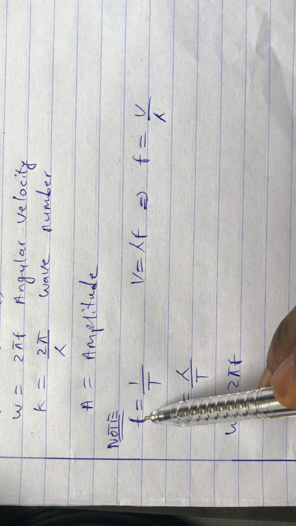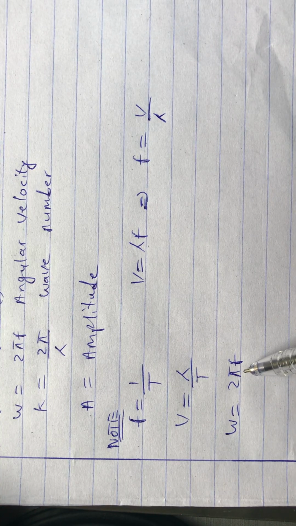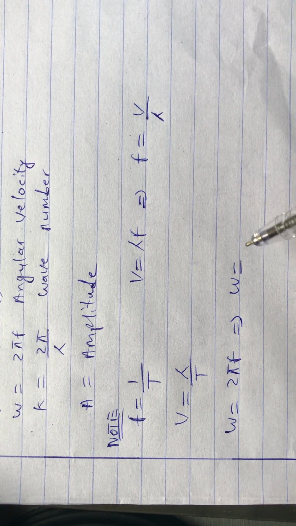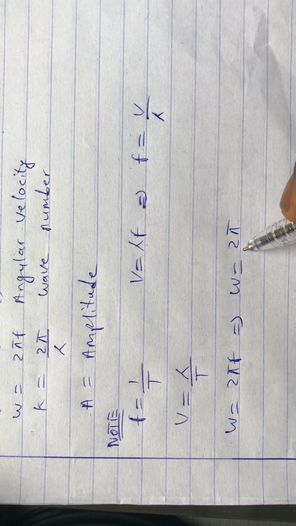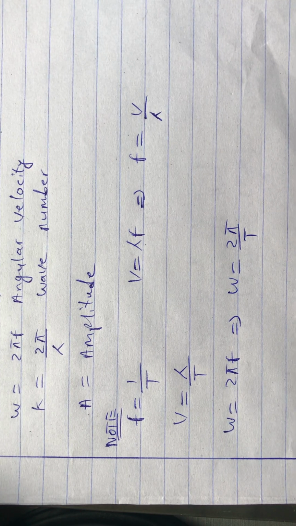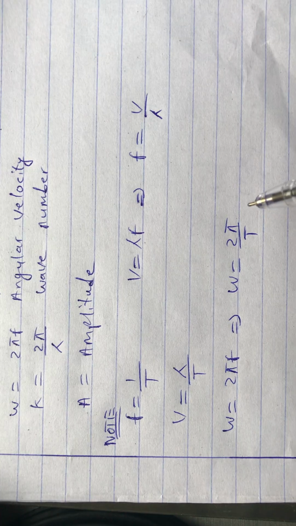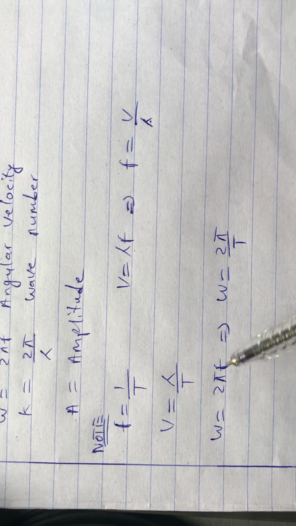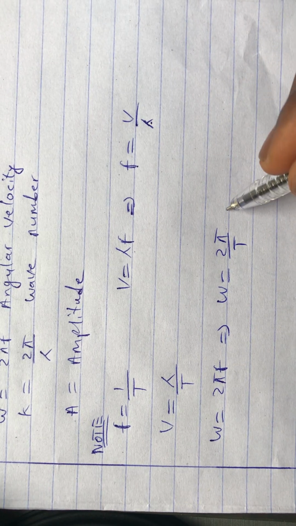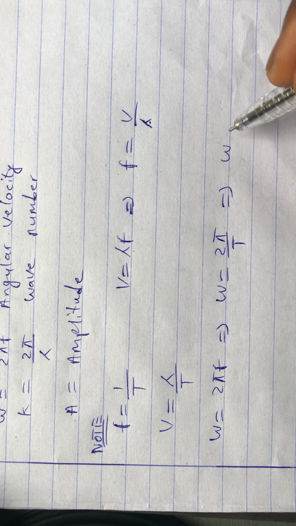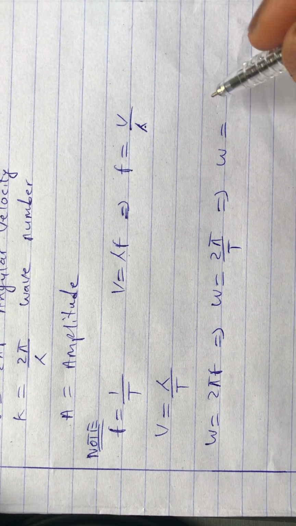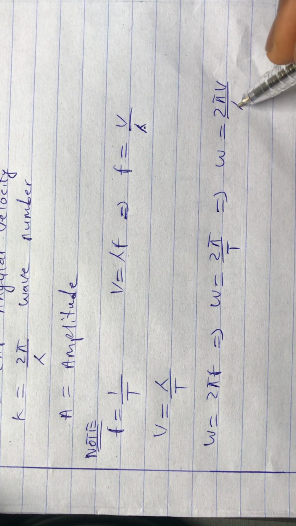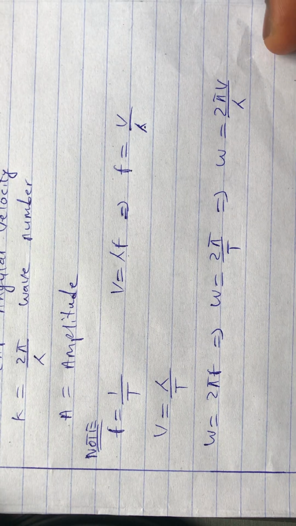If you substitute f equals 1 over T in this formula, you will have w equals 2 pi all over T. Also, if you substitute f equals v all over lambda, you will have w equals 2 pi v all over lambda.